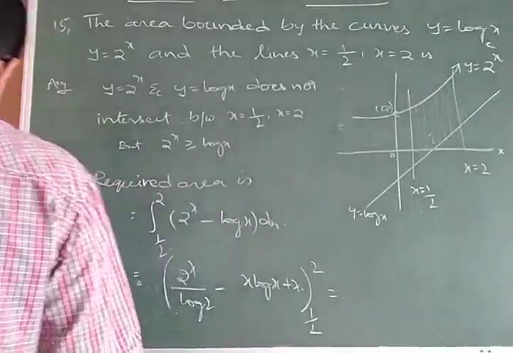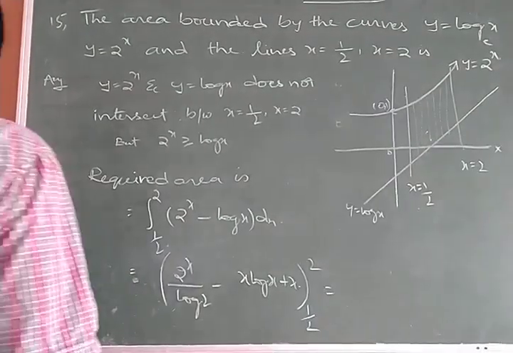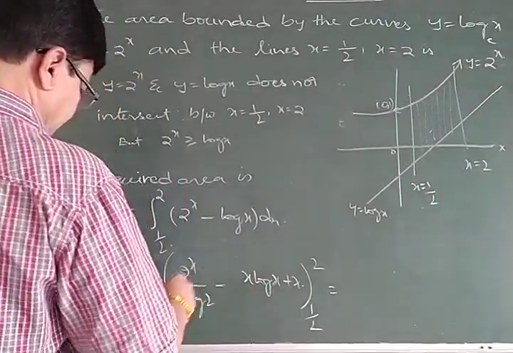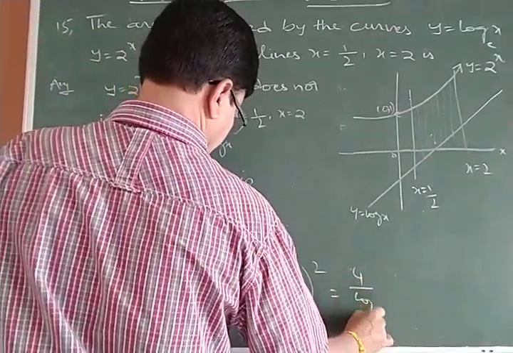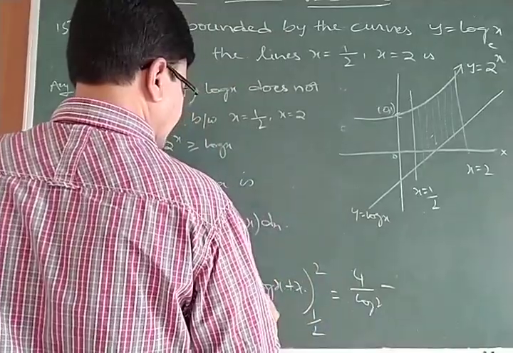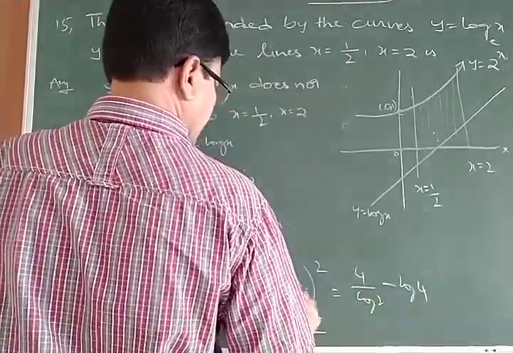Now applying the upper limit: 2 squared means 4 by log 2, minus 2 log 2, plus 2.